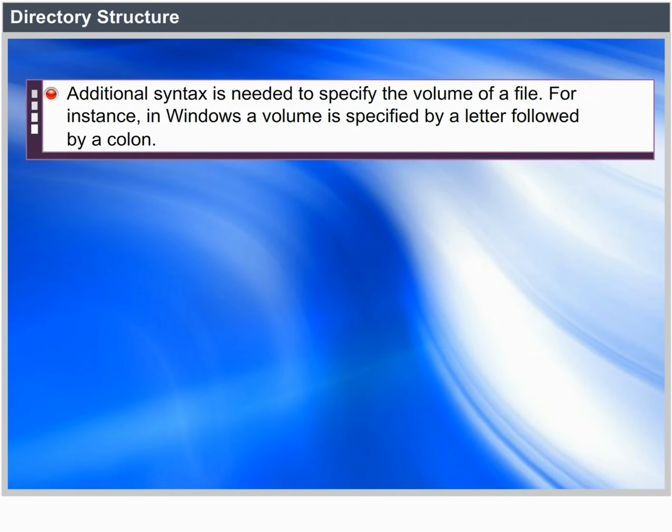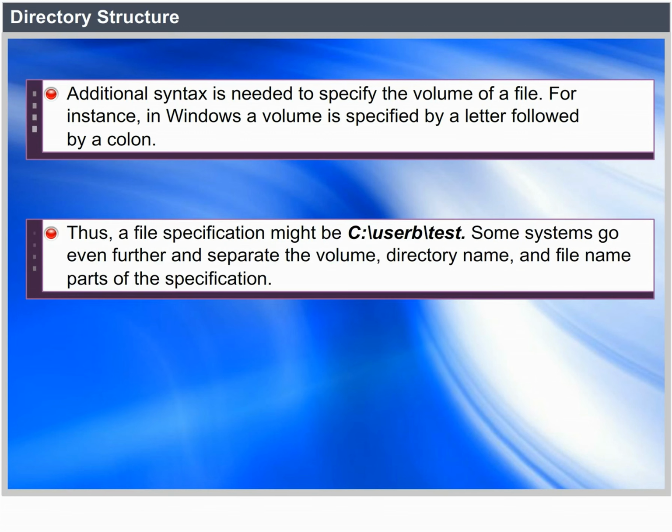For instance, in Windows, a volume is specified by a letter followed by a colon. Thus, a file specification might be C:/userb/test.